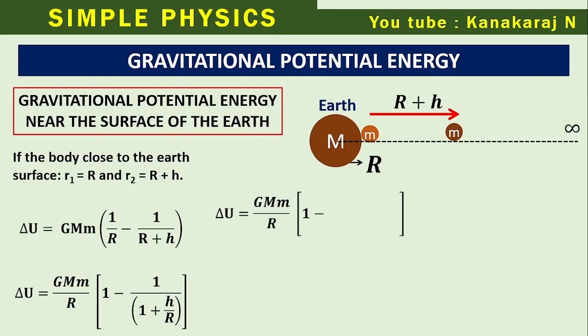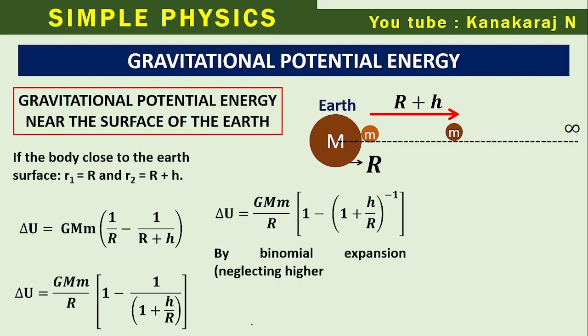On further simplification, we get delta U equals GMm upon R multiplied by 1 minus (1 plus h upon R) to the power minus 1. By binomial expansion and neglecting higher orders, delta epsilon equals GMm upon R multiplied by 1 minus (1 minus h upon R).